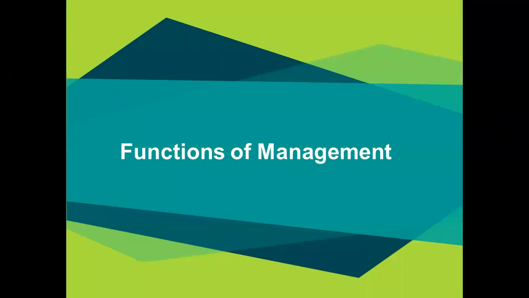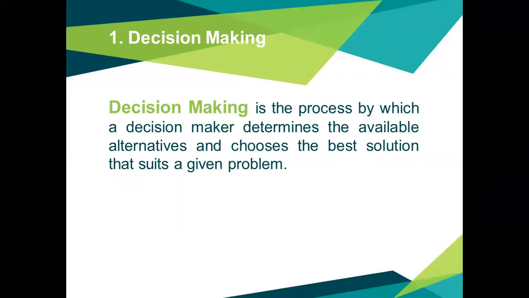Functions of management. What are the different functions of management? The first function of management is decision making. This is the process by which a decision maker determines the available alternatives and chooses the best solution that suits a given problem. In an organization, most of the time, the manager is the decision maker.